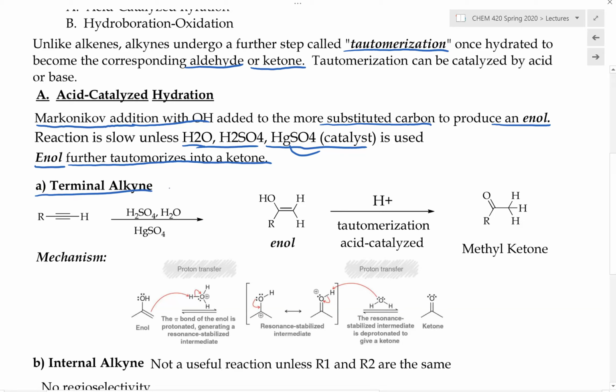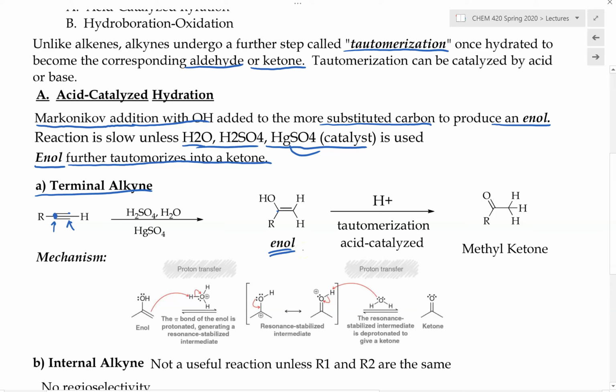When we take a terminal alkyne and react it with sulfuric acid, water and mercuric sulfate, this is the hydration reaction, and we can see that water would be added to the more substituted carbon, which is this carbon right here. So this OH would be added there, and the hydrogen is added to the other less substituted carbon over here.